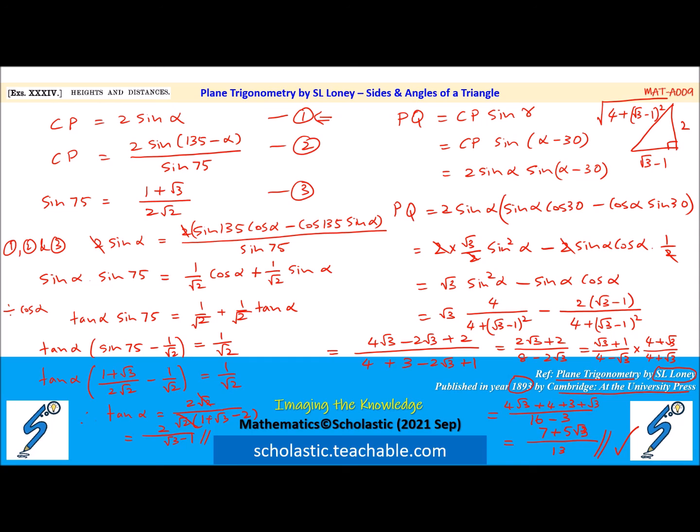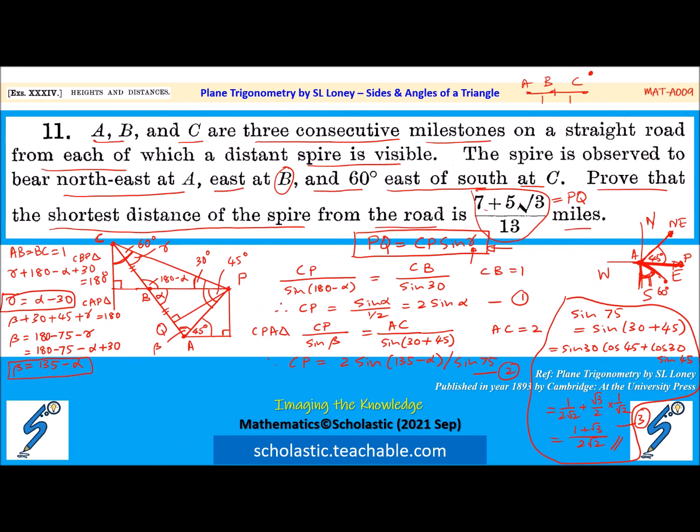I think you should be able to follow the steps. The main idea is to visualize the question. Please try to visualize the picture here and try to get the angles correct with alpha, gamma, and beta. So try to write these equations using the sine rule and then this equation.